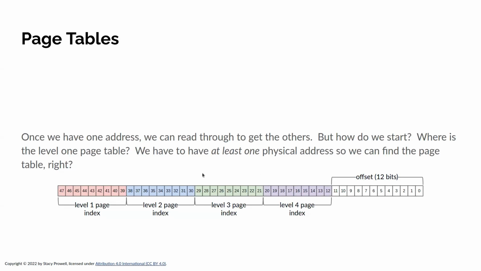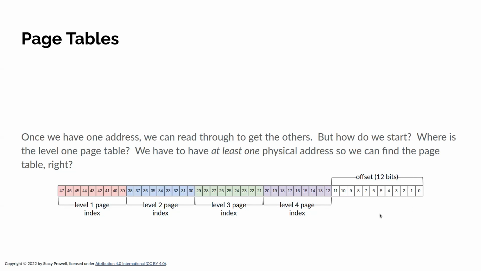And this tells me the offset into that address where I will find the address of another page. This tells me the offset into that page where I will find the address of an actual page in memory. And this tells me the offset into that page in memory of the byte that I want. And that's how we interpret it.